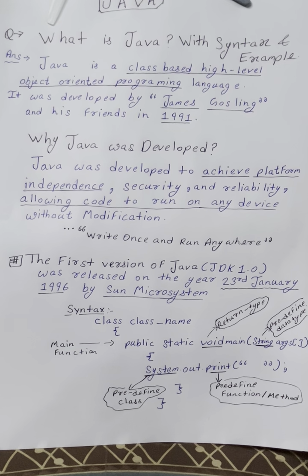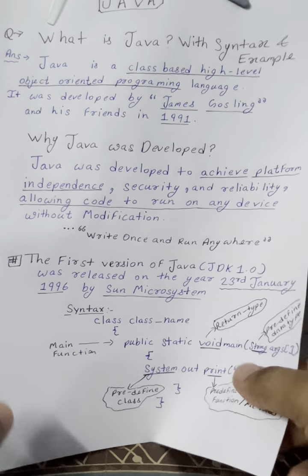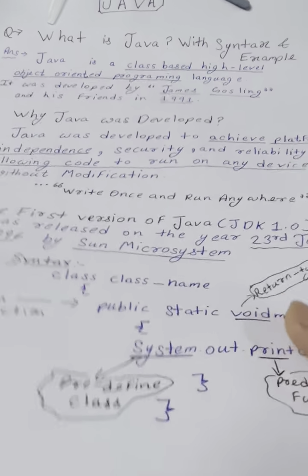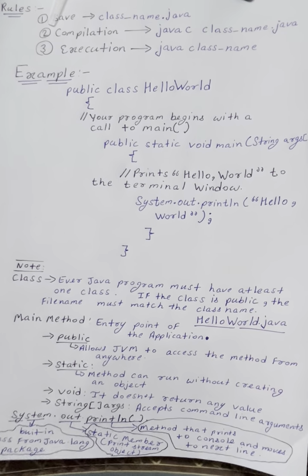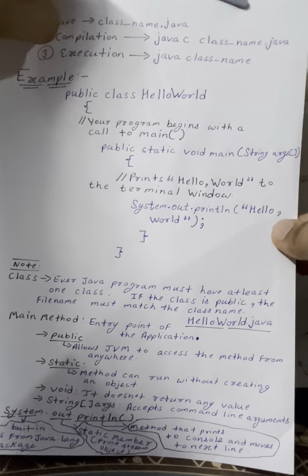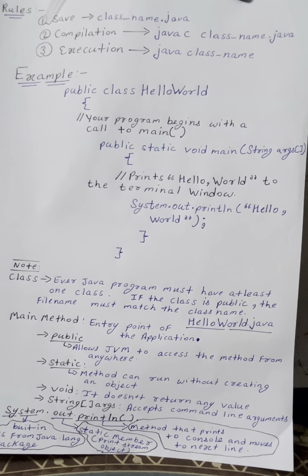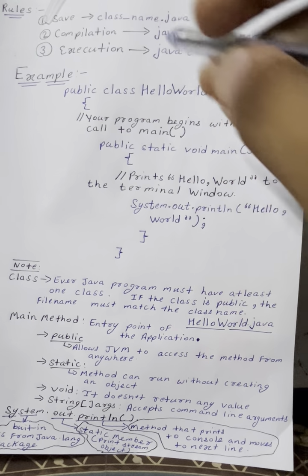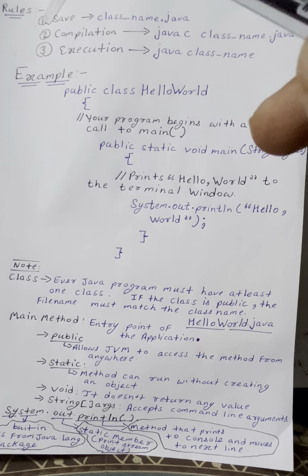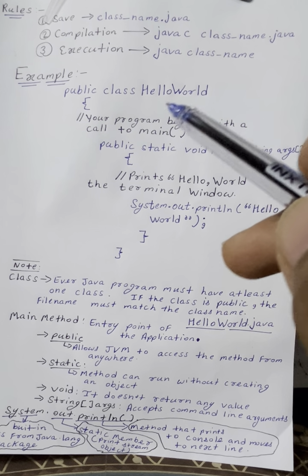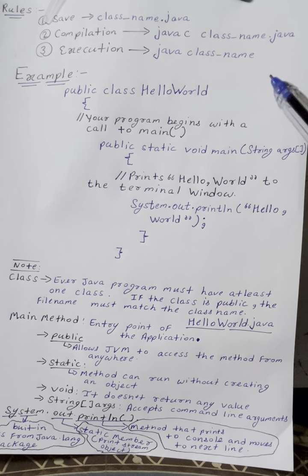So let's move to next example and its rules. In this, first we need to learn about some rules. First, if we want to save a Java program, we have to write the class name .java, and if there is one class, we have to save the name.